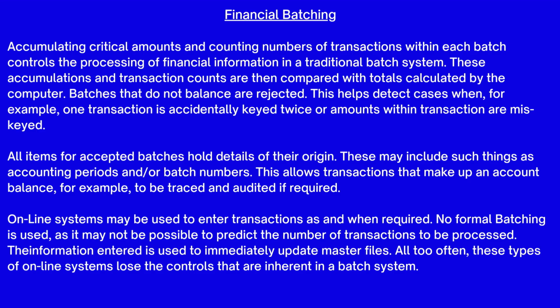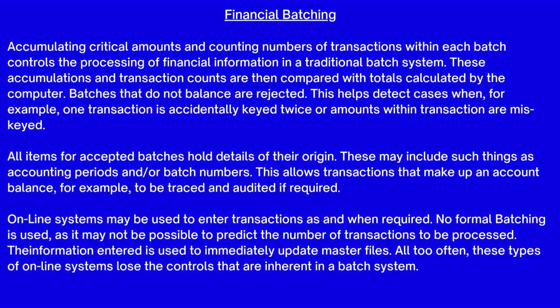Financial batching. Accumulating critical amounts and counting numbers of transactions within each batch controls the processing of financial information in a traditional batch system. These accumulations and transaction counts are then compared with totals calculated by the computer. Batches that do not balance are rejected.